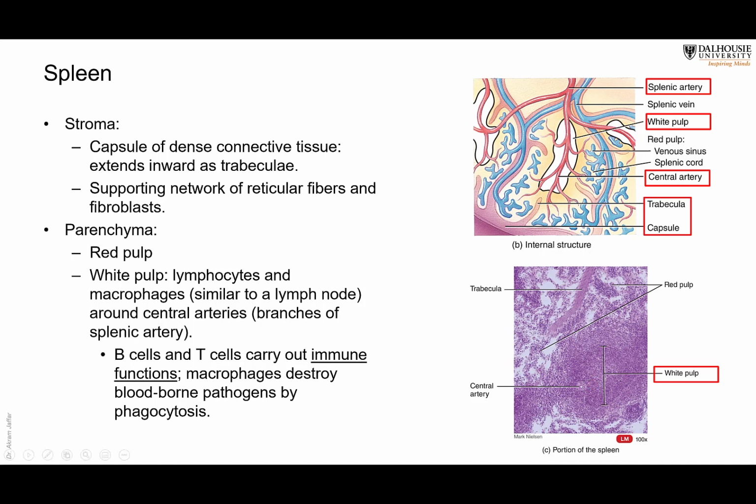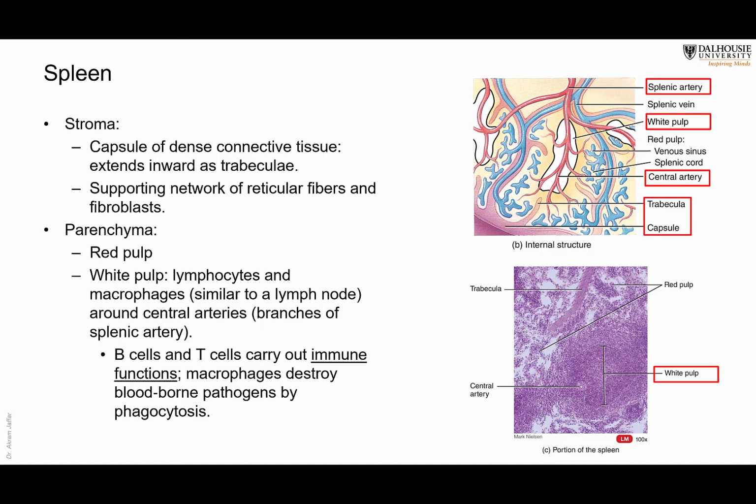Why do we have the red pulp then? The red pulp is mainly formed of blood cells, mainly RBCs. Capillaries bring the blood to the red pulp, and then the blood returns back via venules, as you can see here, large venous sinuses.